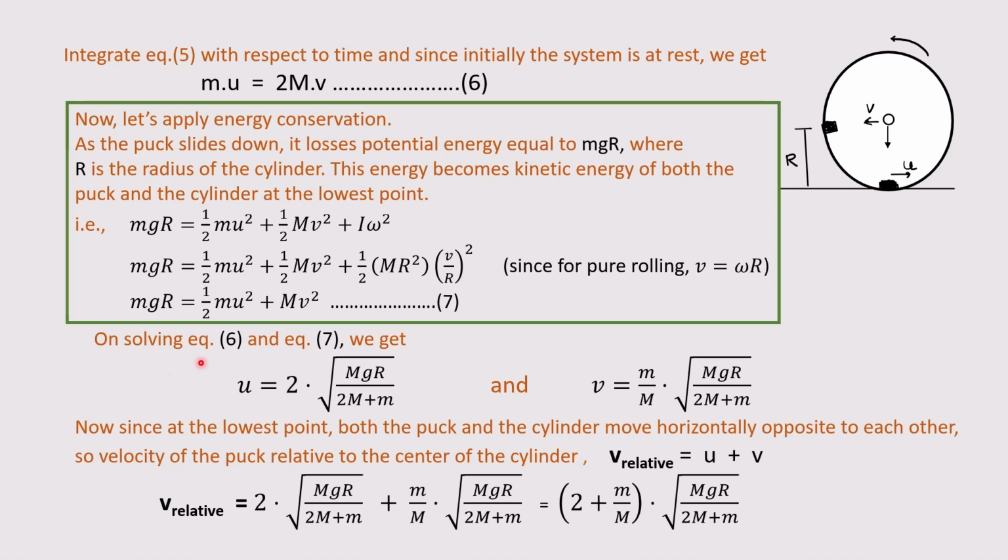Now by solving equation 6 and equation 7, you would get the value of u, that is 2 into root under capital M into g into r upon 2 into capital M plus small m, and also we would get the velocity of the center of the cylinder, that is v.